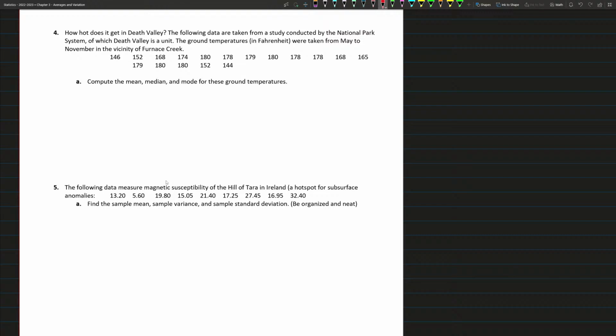In order to do that, I'm going to line these up from least to greatest. So 144 is our minimum. 146. 152. 165. 168, 168. 174.